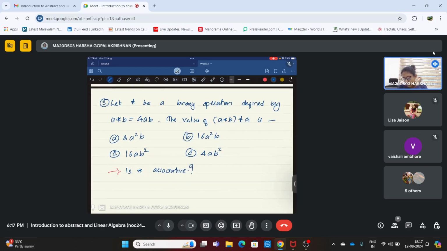Now the next question is, again star is a binary operation defined like this. The question is A star B star A. What is this? Here it is given that first we have to do A star B, then star A. So what will be the answer? It's also a very simple question.